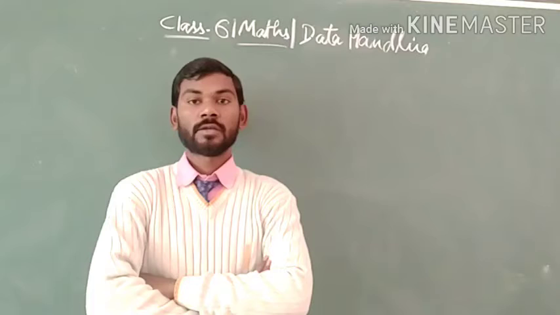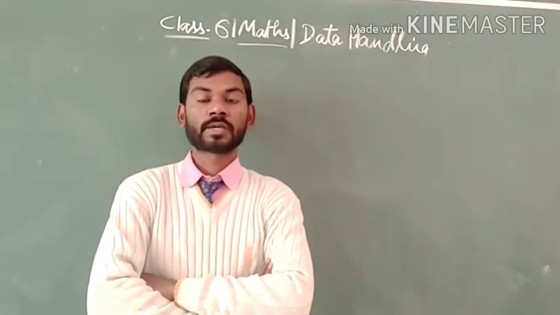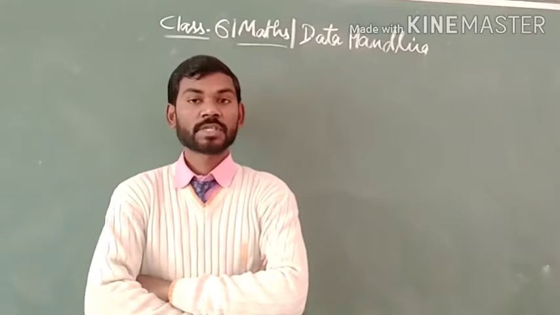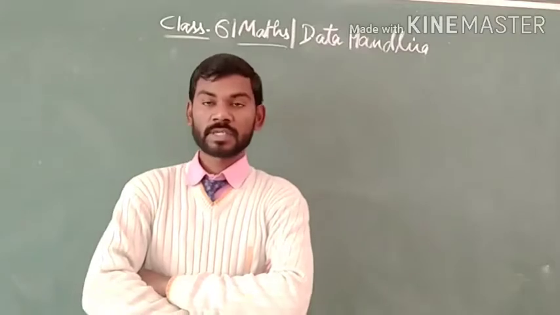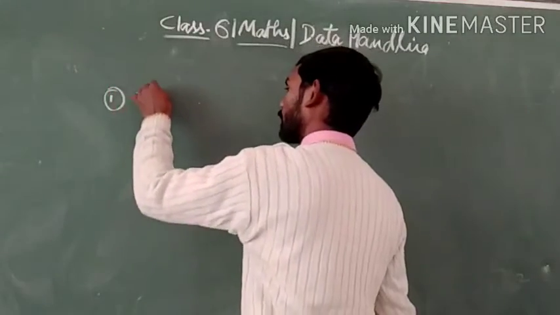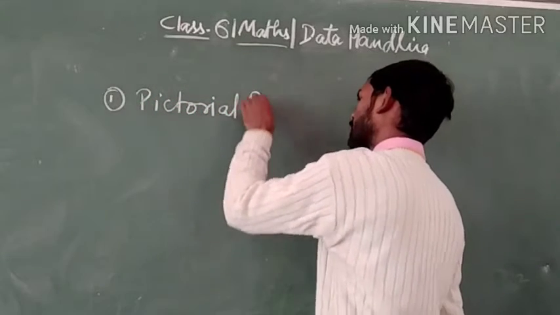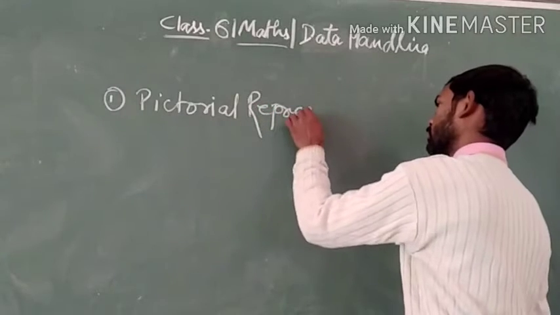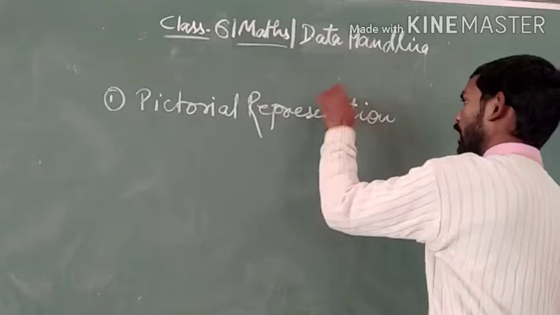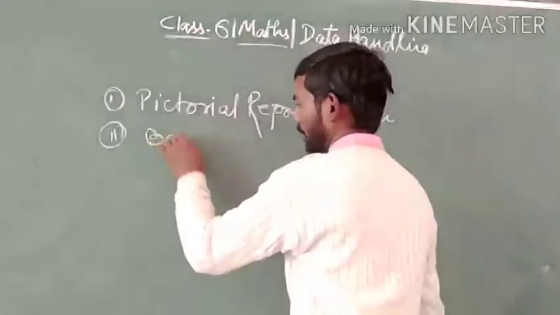In this section you have to study only two types of methods to represent the data on a graph. The first is known as pictorial representation, and the second is bar graph representation.